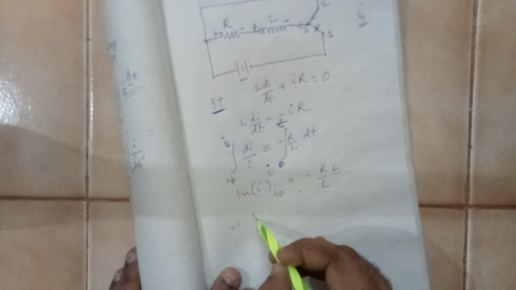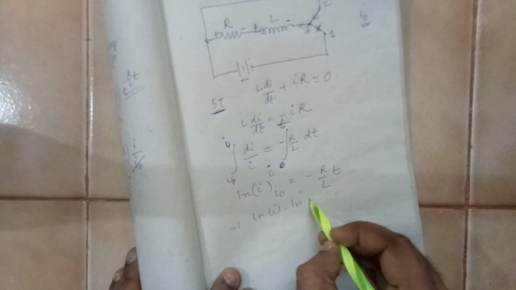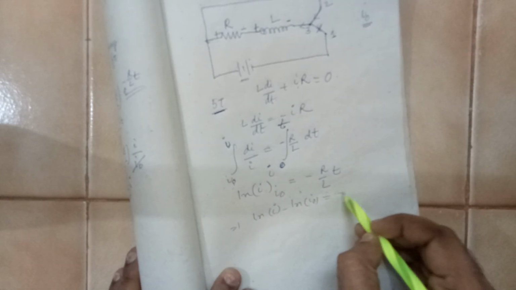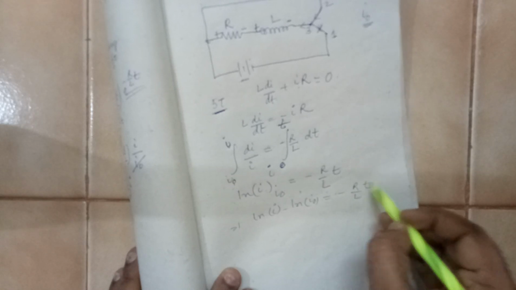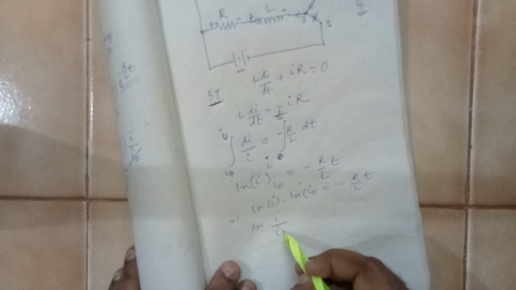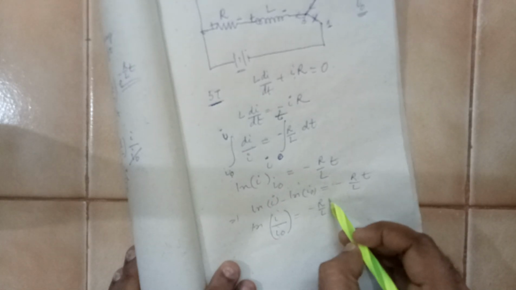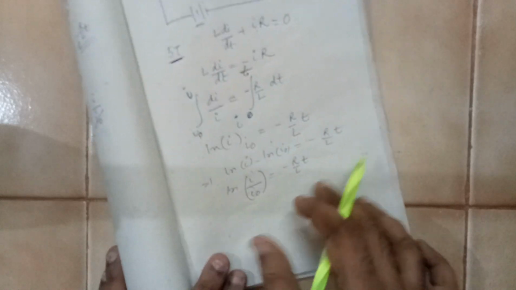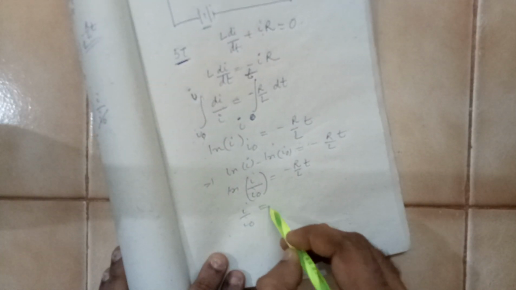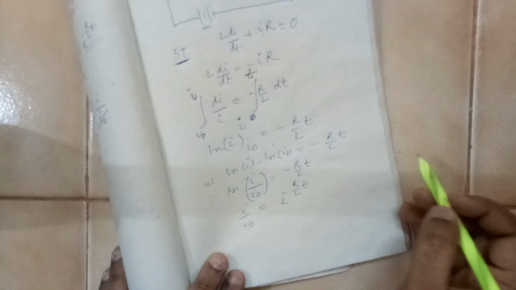When you simplify this, it is ln I minus ln I0 is equal to minus R/L t, or ln(I/I0) is equal to minus R/L t. Applying anti-log on both sides, you get I/I0 is equal to e to the power minus R/L into t.